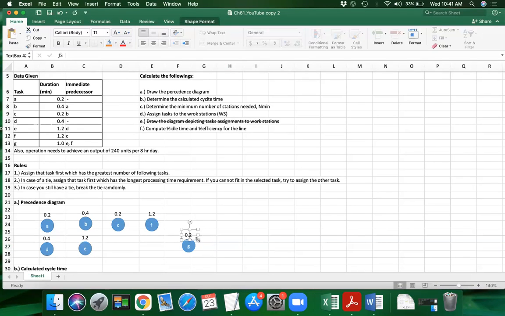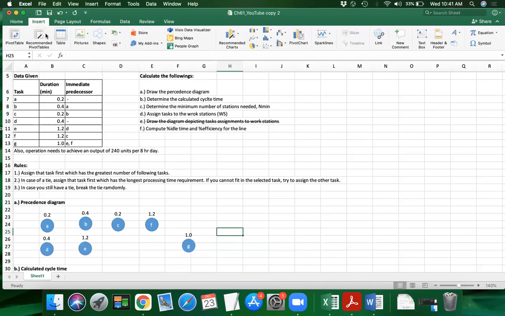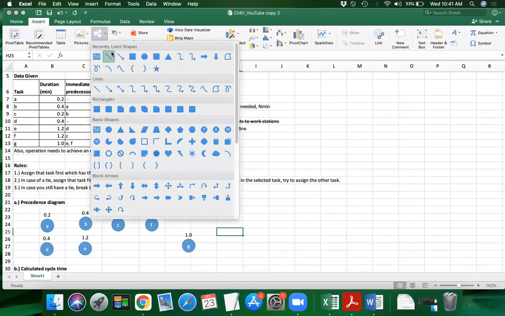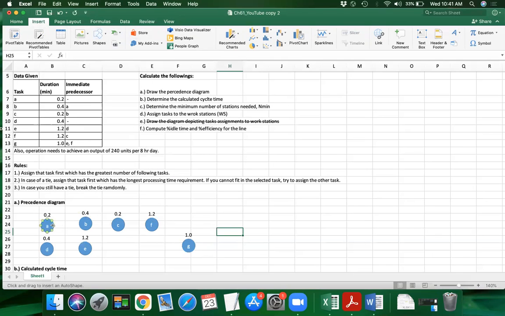Okay, so right now let's go ahead and connect using the line. So I will use an arrow. So let's try to connect this one.